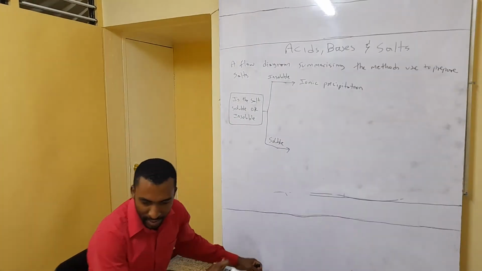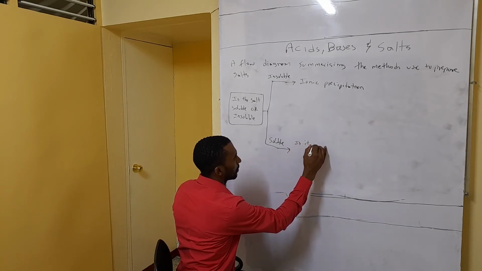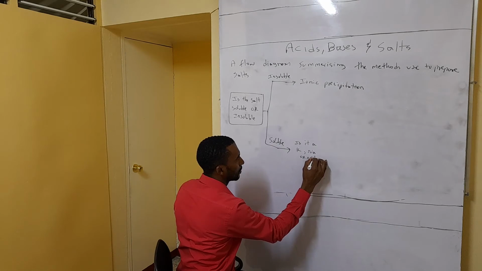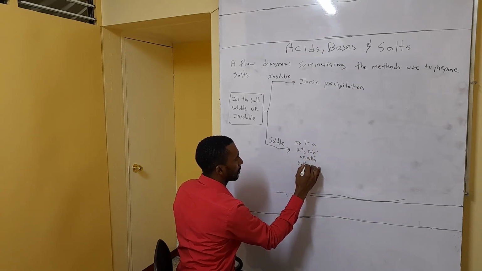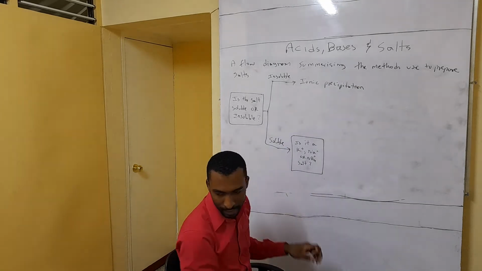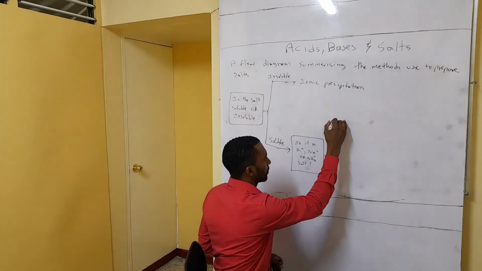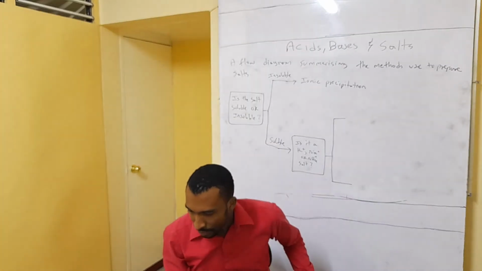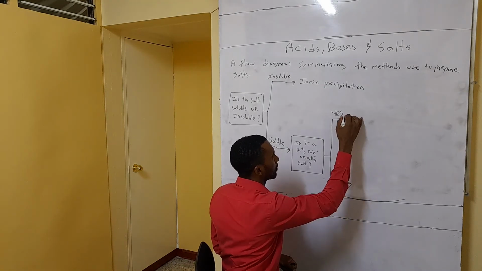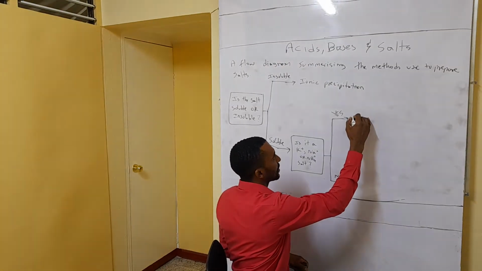Is it a potassium, sodium, or ammonium salt? So if it is a sodium, potassium, or ammonium salt, we use titration, alright?